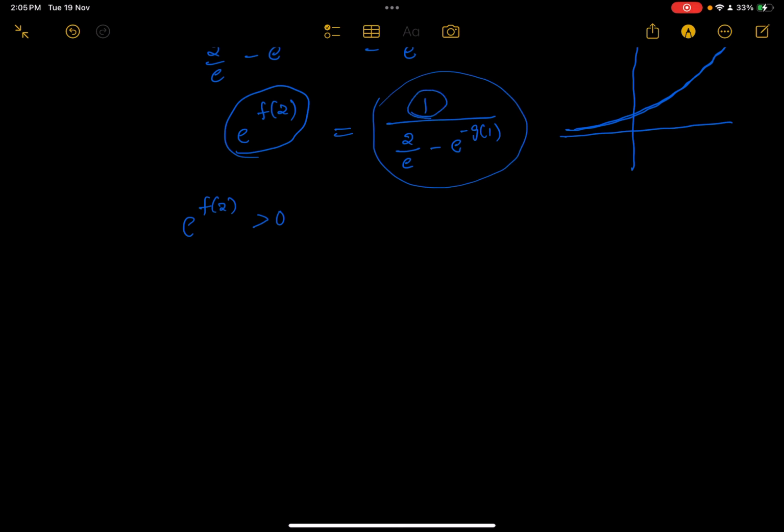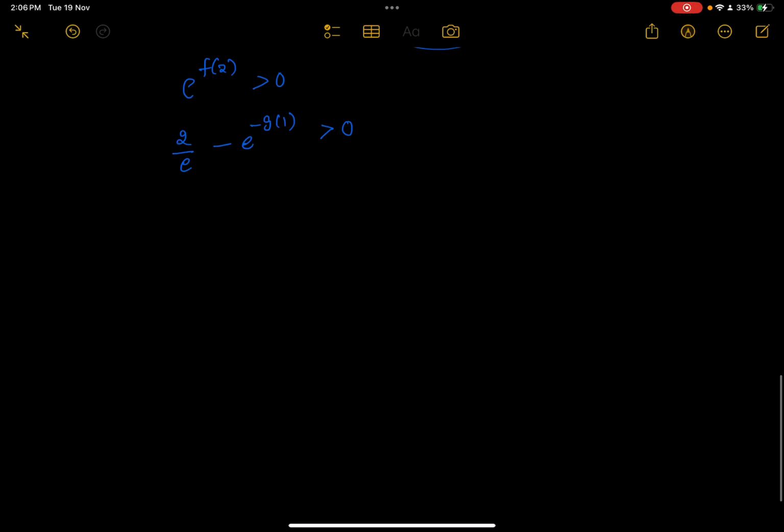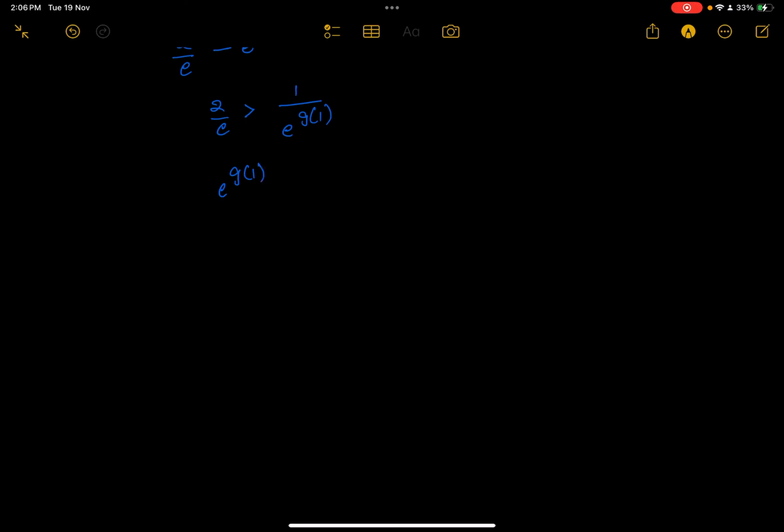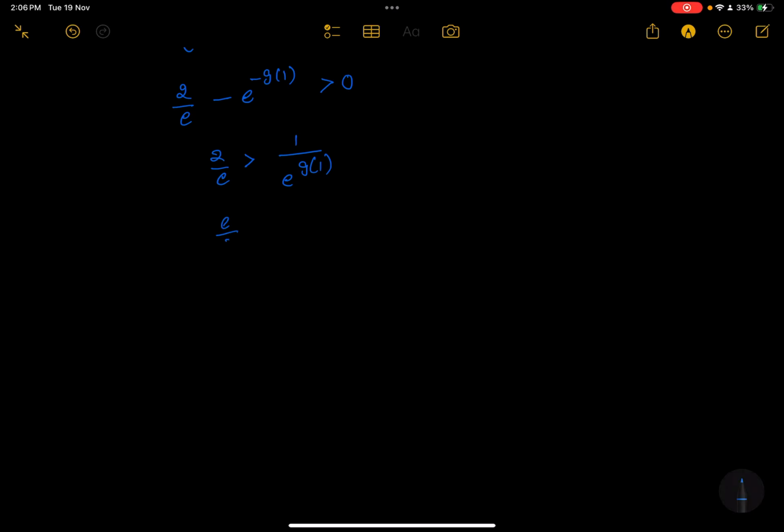The numerator is already positive, so the denominator has to be positive. e power minus g of 1 less than 2 by e, so 2 by e greater than 1 by e power g of 1. So e power g of 1 greater than e by 2. Sorry, if we take the reciprocals, the sign will change. e by 2 less than e power g of 1.